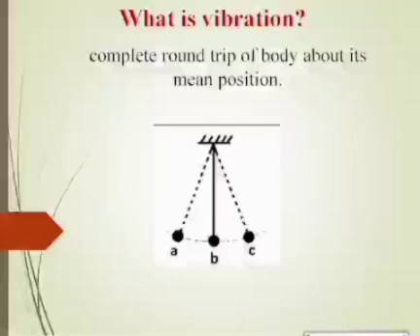As you can see in the figure, initially the pendulum is at its mean position B. When we apply a force on the pendulum, it will move towards its extreme position A, and then due to restoring force, it will come back and move towards mean position B. But it will not stop at this point and continues to move and reaches another extreme position C. And then again, it will come back towards its mean position B due to restoring force.